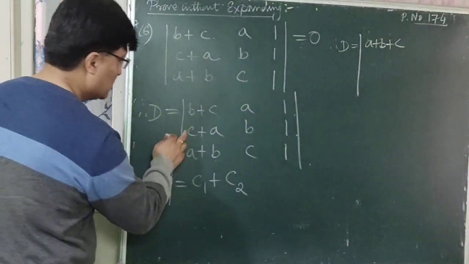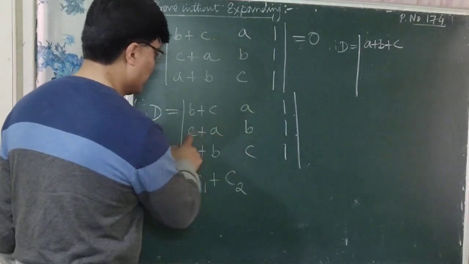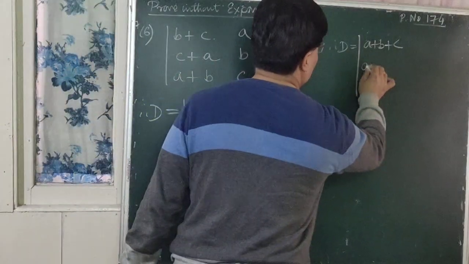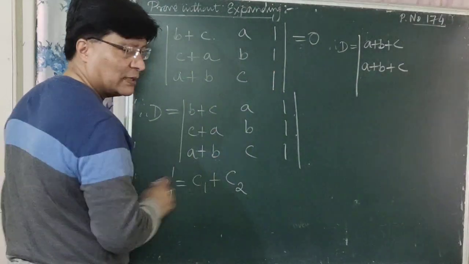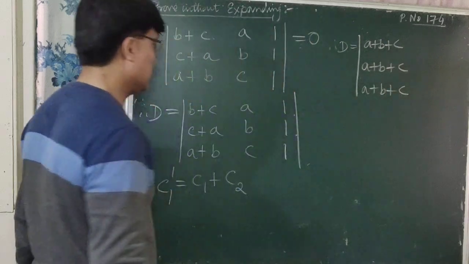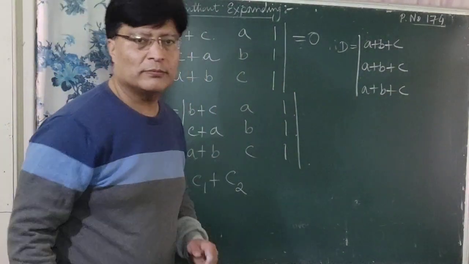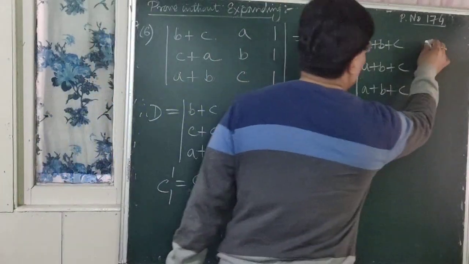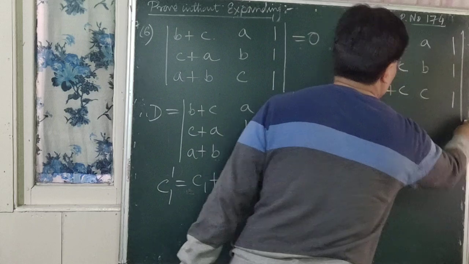Again, c plus a plus b means a plus b plus c. Again, a plus b plus c. Now the second column and the third column remain the same. That is a, b, c, 1, 1, 1.